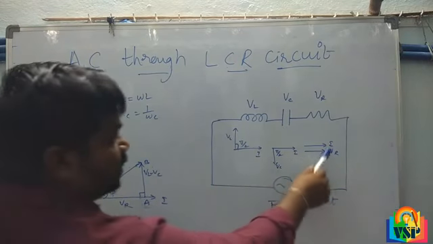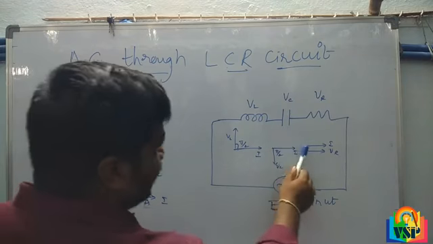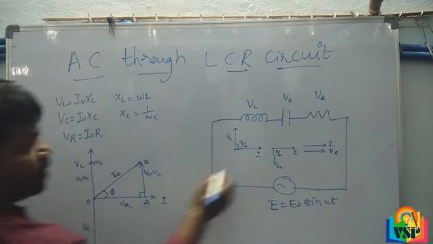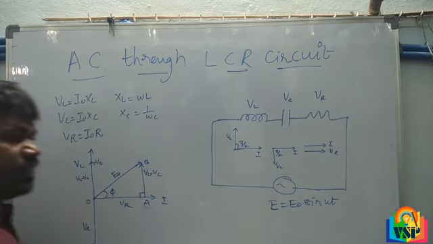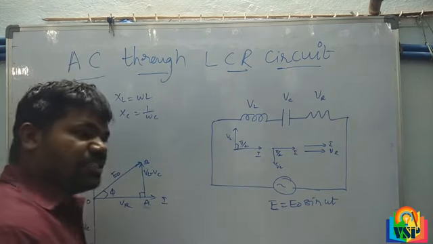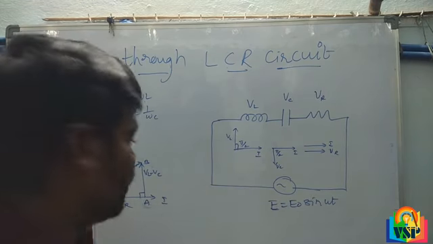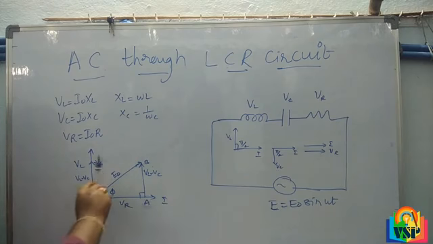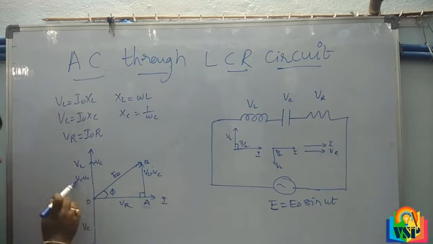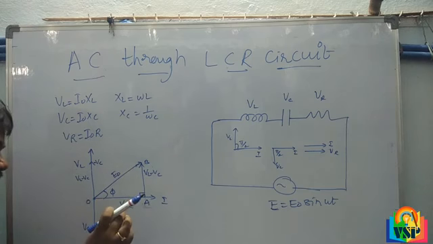By using three phasor diagrams, VR, VL, VC: if three vectors are arranged like this, it is impossible to get the resultant. That's why we reduce the number of vectors. By rotating the VC vector by 180 degrees, we get VL minus VC, a single vector.